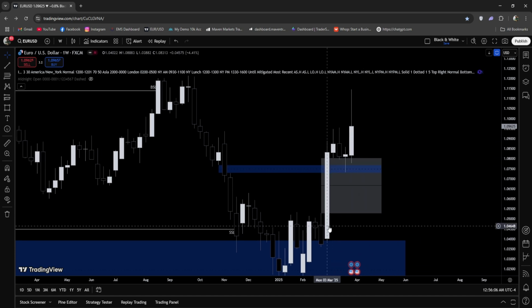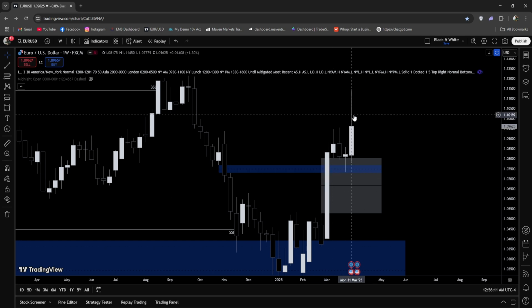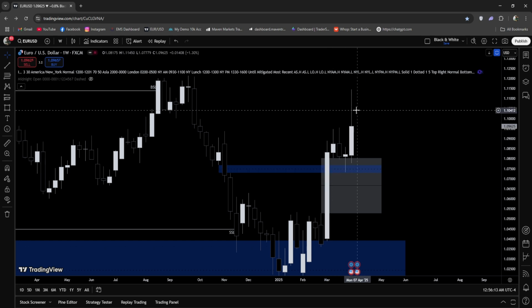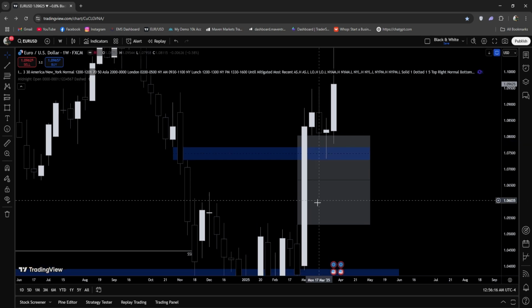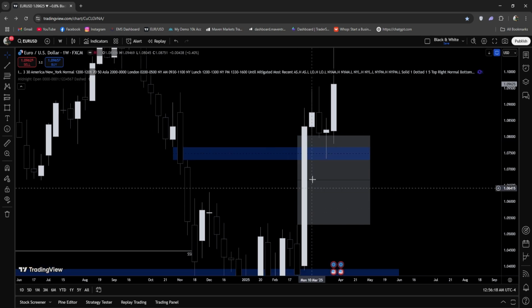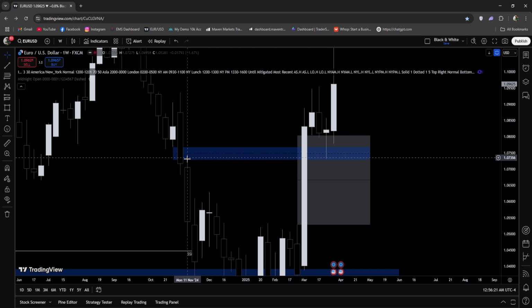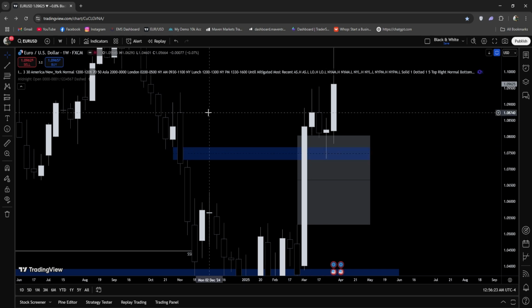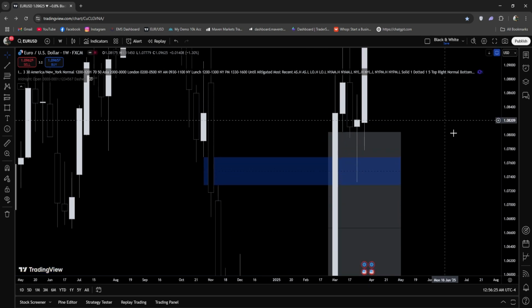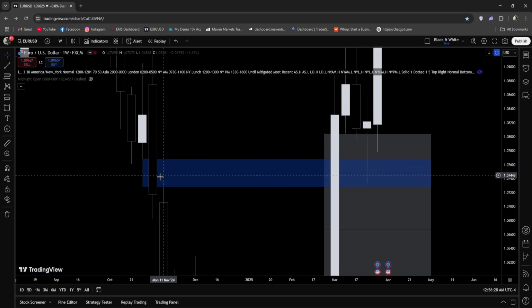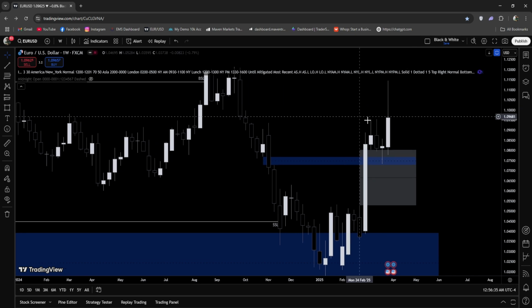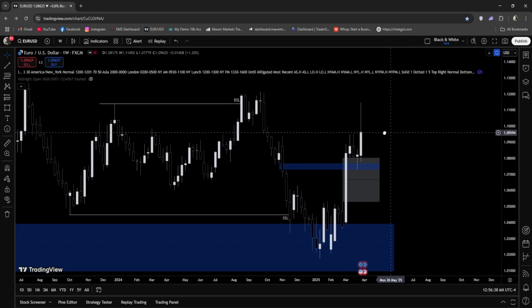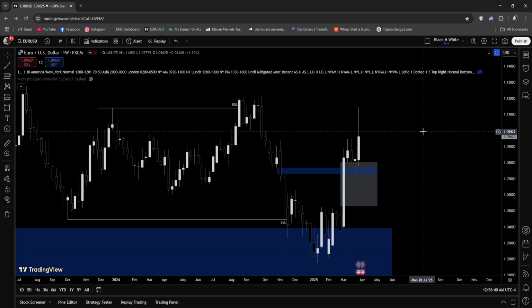This week was a really good one and a really big candle, and now we are over here, and I'm going to show you guys. Look, we had this big fair value gap, the market came down, and look at this fair value gap. Look how the market is just respecting this fair value gap. That is just crazy, guys, right? That is how you build confidence in your bias and your analysis.